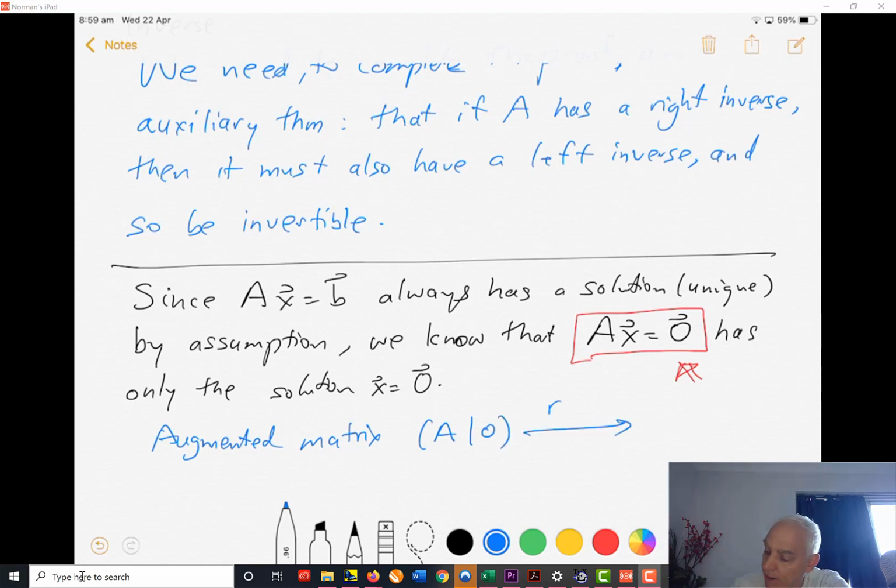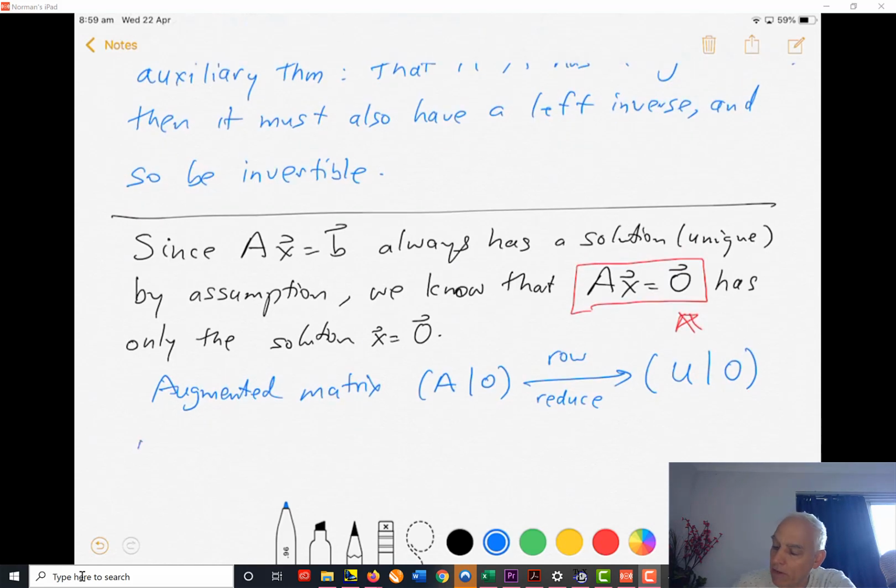And then we row reduce it to, let's say, u. And the right-hand side is still going to be 0 because all the row operations are not going to change the fact that that right-hand column is 0. So we're going to end up with u 0, where u is in reduced row echelon form.